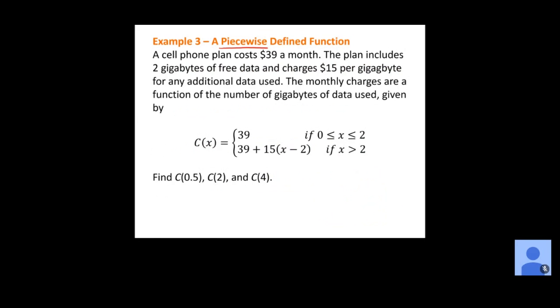And so this represents a cell phone plan that costs $39 a month. Plan includes 2 gigabytes of free data and then charges an additional $15 per gigabyte beyond that, right? So for any additional data that's used. The monthly charges are given by the function C of X here, okay, where X is representing the number of gigabytes that are used.